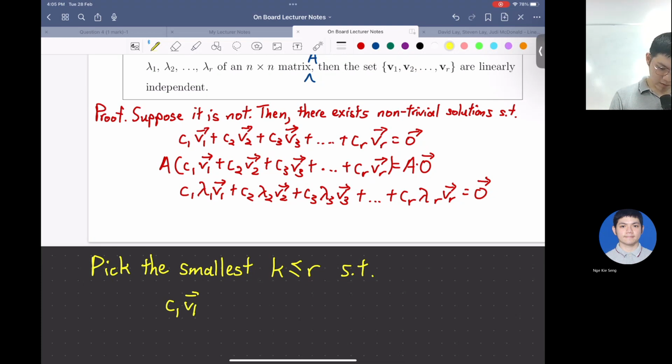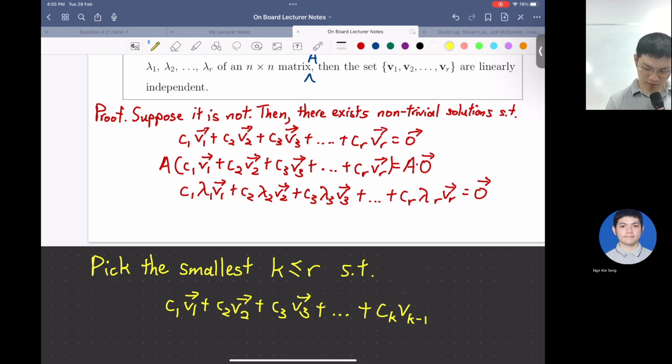C1 V1 plus C2 V2 plus C3 V3 plus until C(k-1) V(k-1) equals zero.